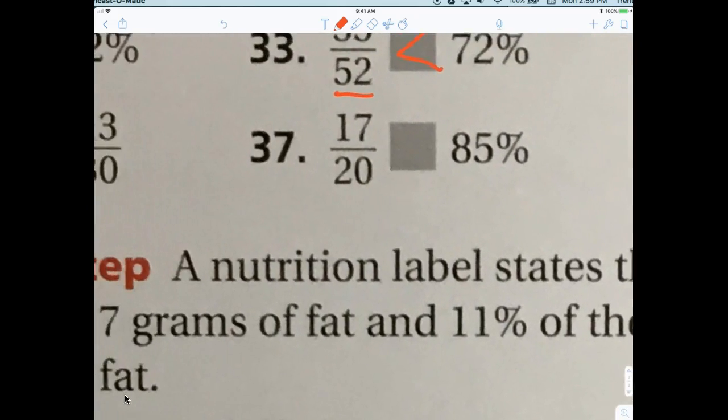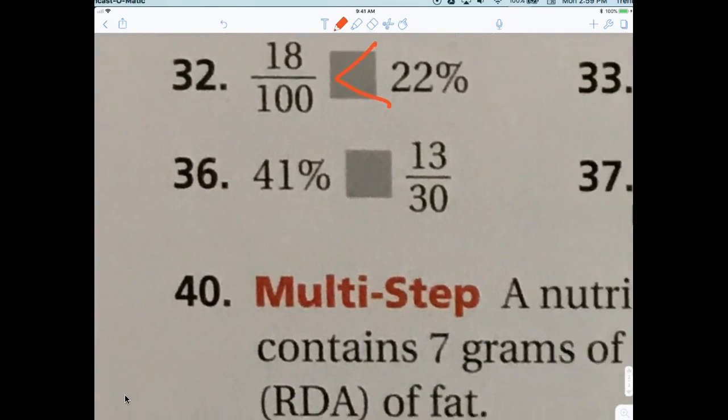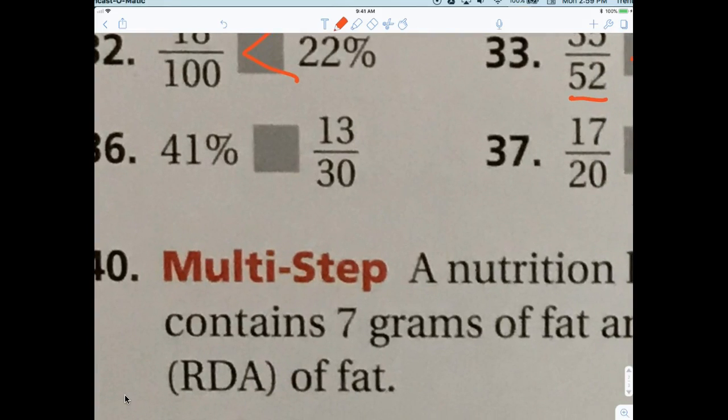All right, let's take a look at number 36. So, hold up. I haven't heard from Jack. 13 divided by 30 is what? 0.433. Okay. So, come on, man. What's the answer?